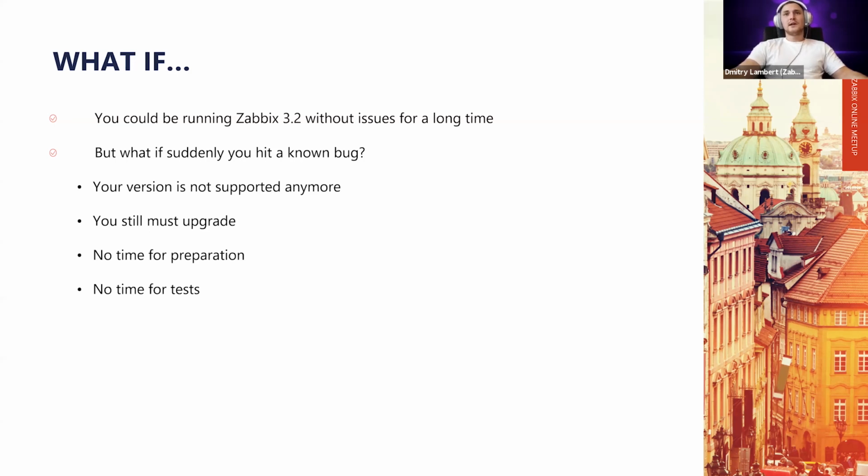So if previously you were thinking it runs absolutely fine, we don't want to take the risk and change our architecture to upgrade to the latest release, you'll still have to do that. Your version is not supported anymore. The bug fix is not included in your old release. You still must perform the upgrade.